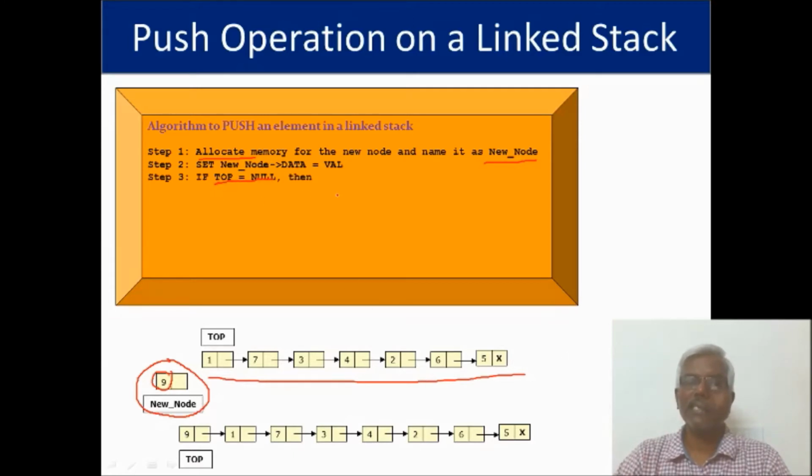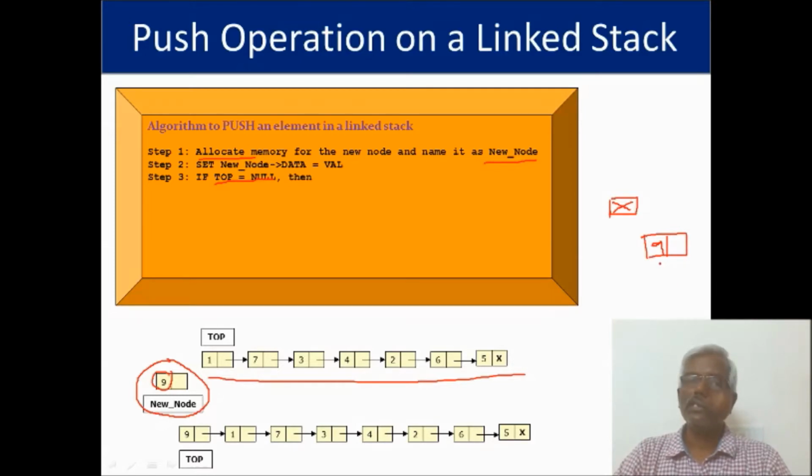Now the stack is empty. So what should be in the true part? It should be inserted as the first node. Just imagine this is top. It is now empty. Now I am creating a new node with some data, for example 9. Now the top is null, so what we have to do?